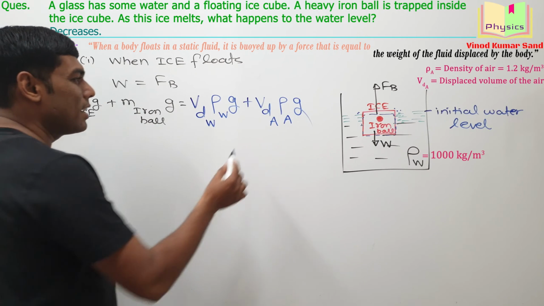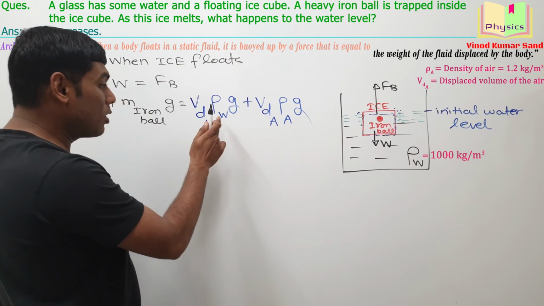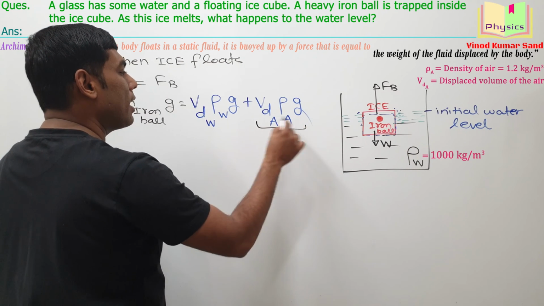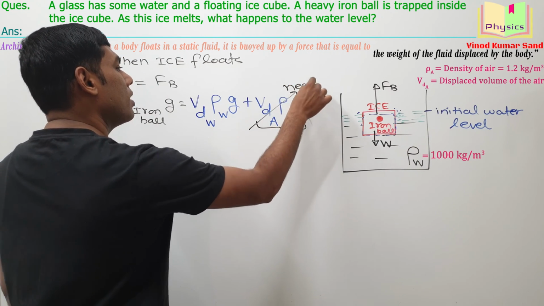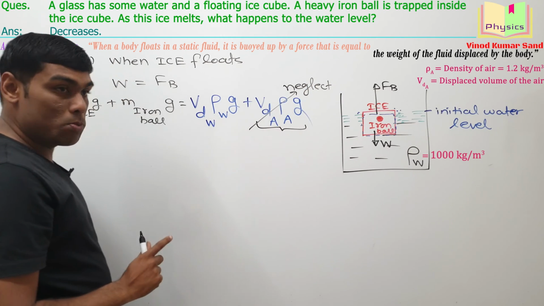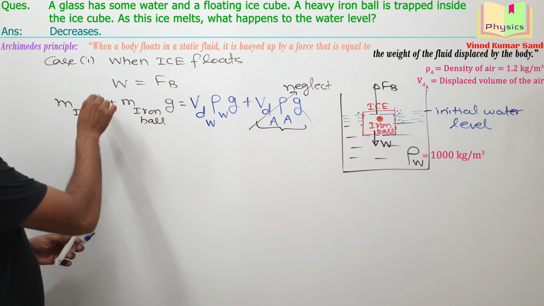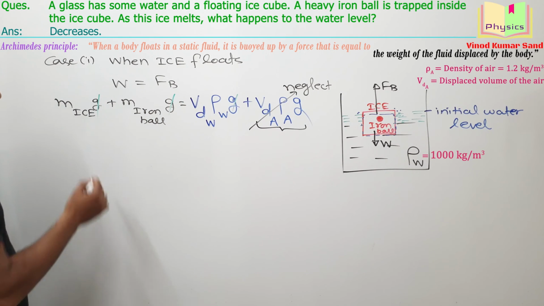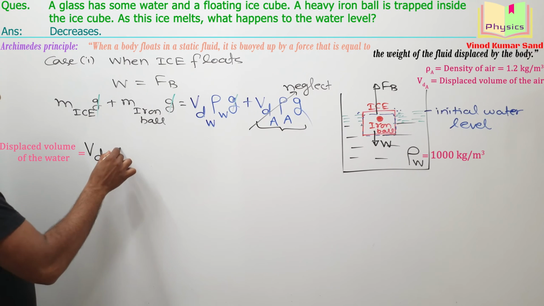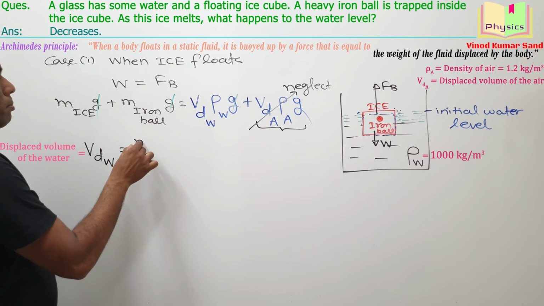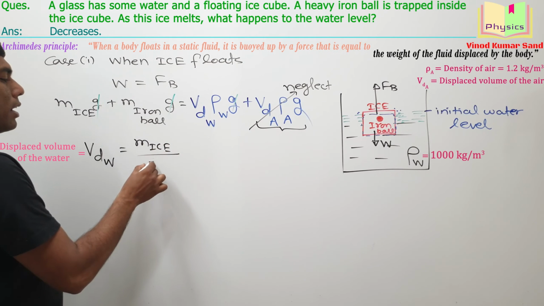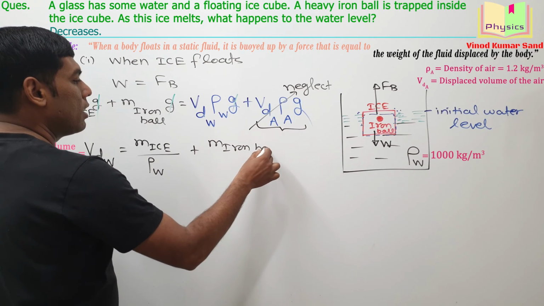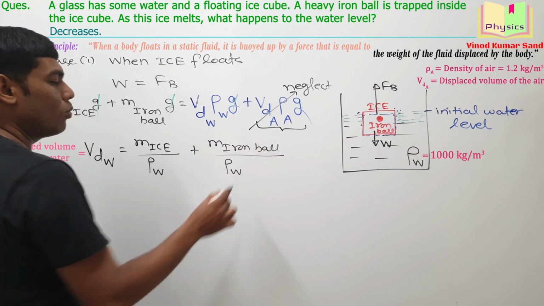We know that density of air is 1.2 kg per meter cube, density of water is 1000 kg per meter cube. It means we can neglect this term. It's going to be pretty small. Now the g gets cancelled out in the entire computation. So here we have the volume displaced of the water is equal to mass of ice divided by density of water plus mass of the iron ball divided by the density of water.